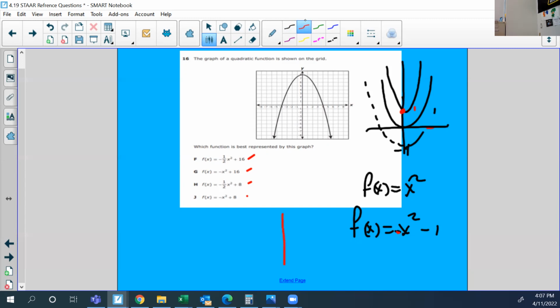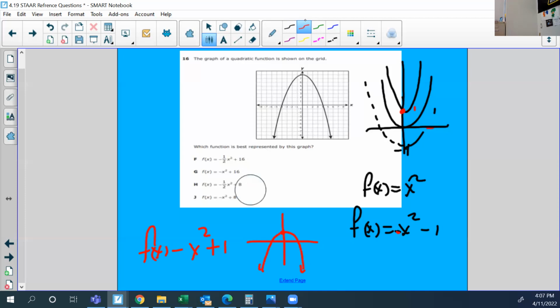So if we have f of x equals minus x squared plus 1, the graph flips over the x-axis and crosses the y-axis at 1. So, a quick review.